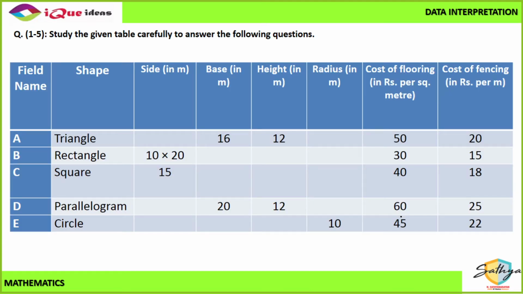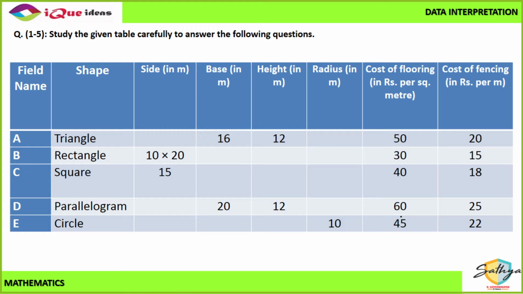So there is this table given, right? It contains the names of 5 shapes: triangle, rectangle, square, parallelogram, and circle. It is given what is the measurement, right? For some of them, the measurements are given as the side. For triangle, we have been given the base and the height. For circle, we don't have any straight sides, so we have been given the radius. Then we have the cost for flooring, right?